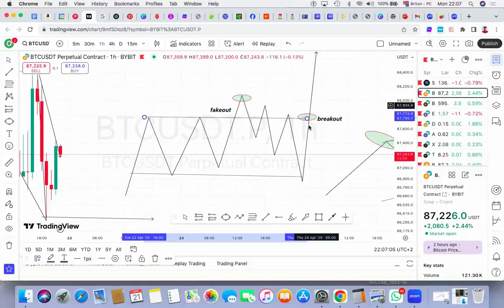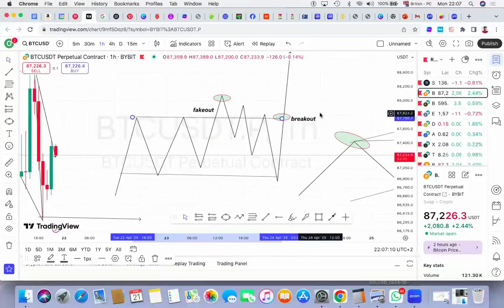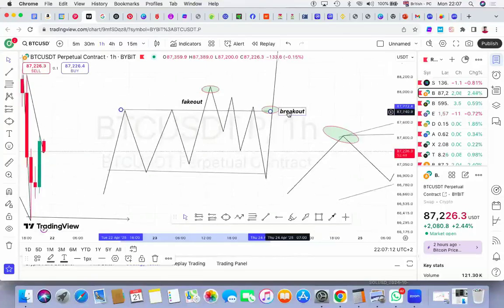You understand? So here, what you will be waiting for now is a confirmation to take a trade. So what would be your obvious confirmation?